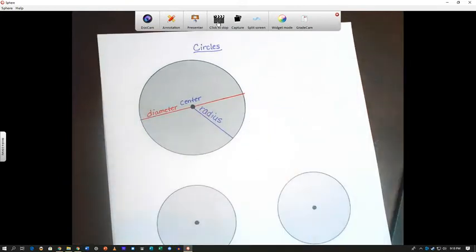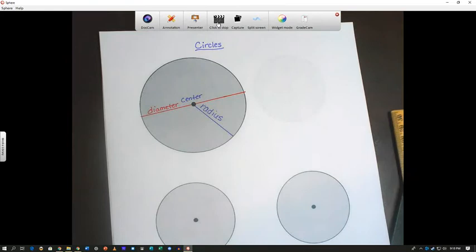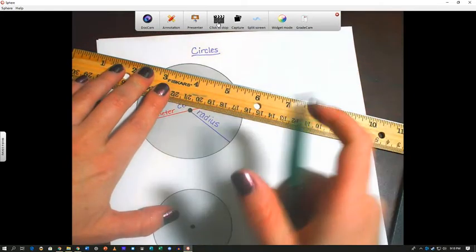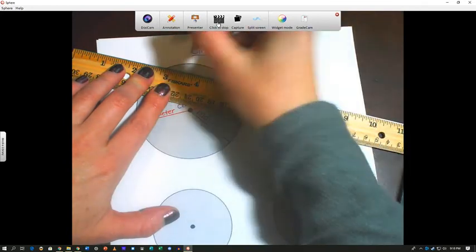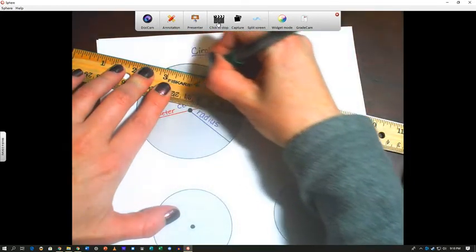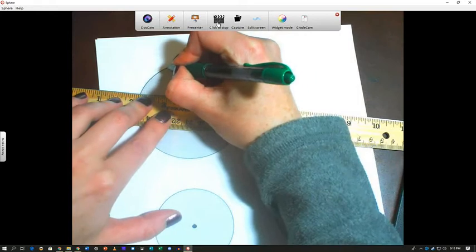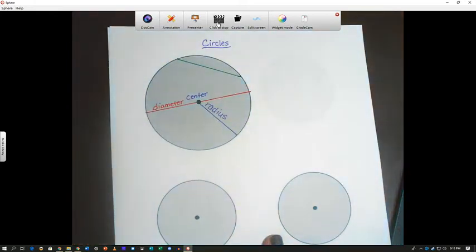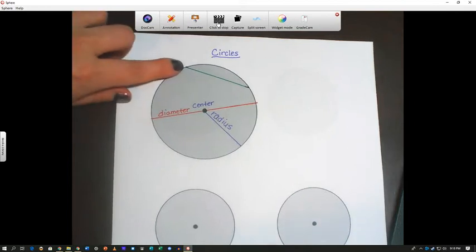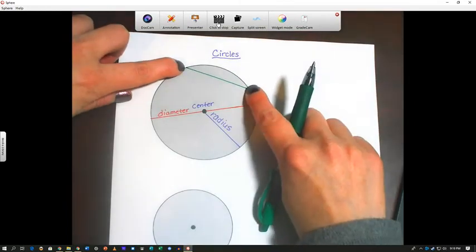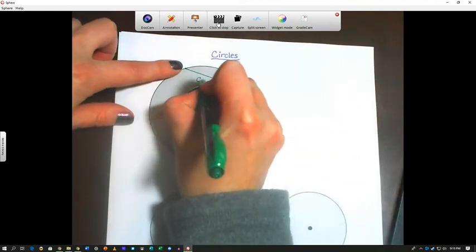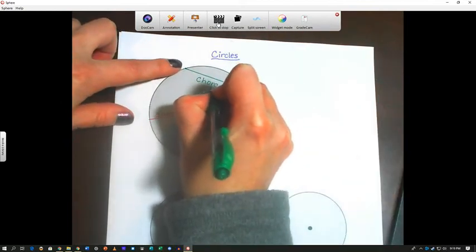You might also see something like this. So this is a line segment that starts at one point on the circle and goes to another point on the circle, but if it does not pass through the center, that is called a chord.